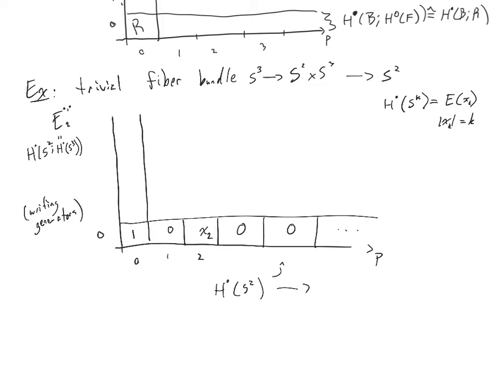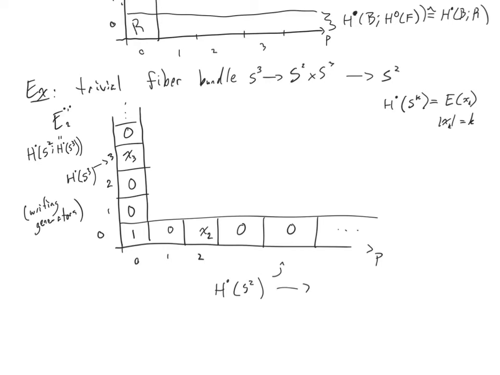For the fiber, by that same identification above, this is the cohomology of the fiber, so of S^3. So I've got 1, 0, 0, and x_3, and then 0 all the way up. And that's in degree 3.